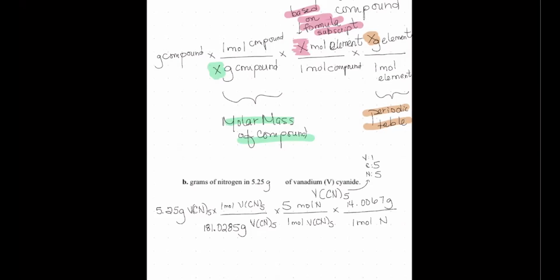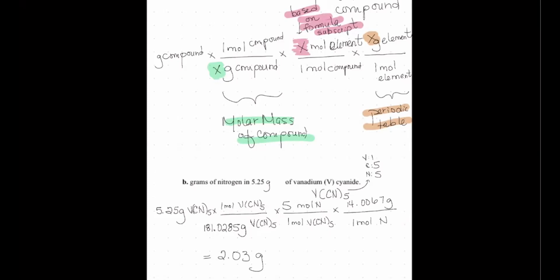Great job. But then based on the digits that I was given, I need to round to 3 sig figs. So this is 2.03 grams. So this is mainly those calculations that we were mentioning.